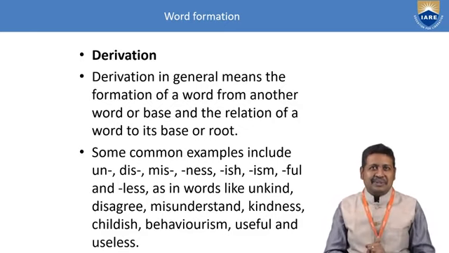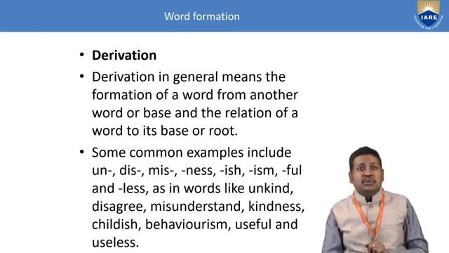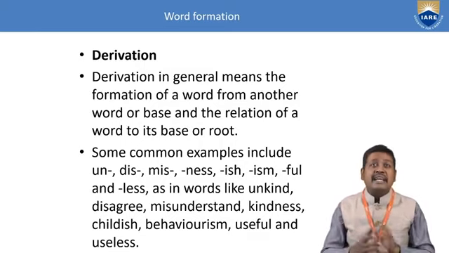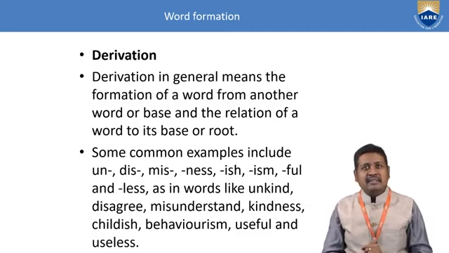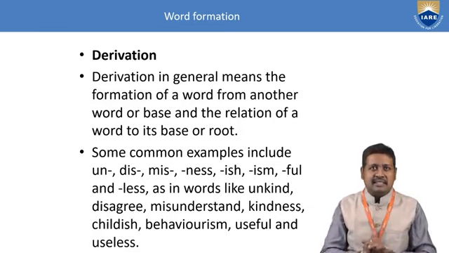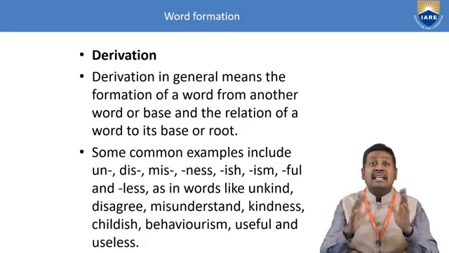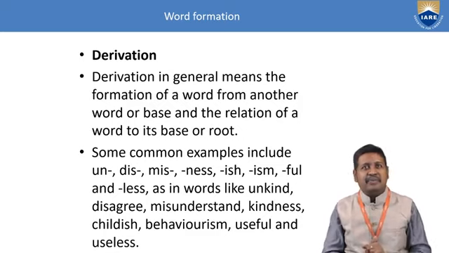All these things. So, un usually gives negative connotation or negative meanings. Unintentional, that means I did not intentionally hurt the person. It was unintentional, totally unintentional. I didn't do it intentionally, right?